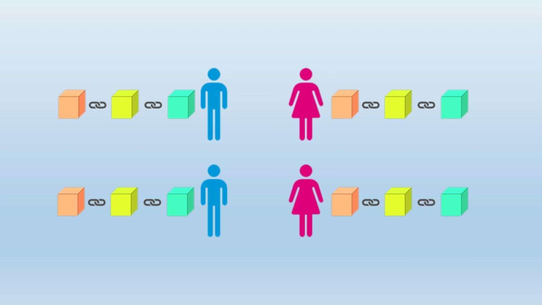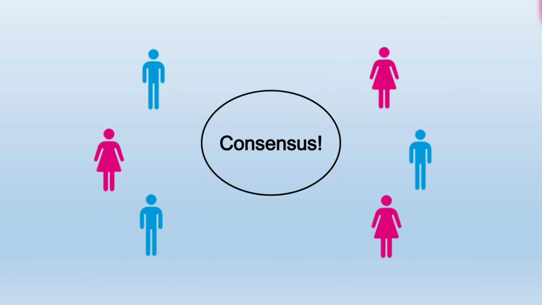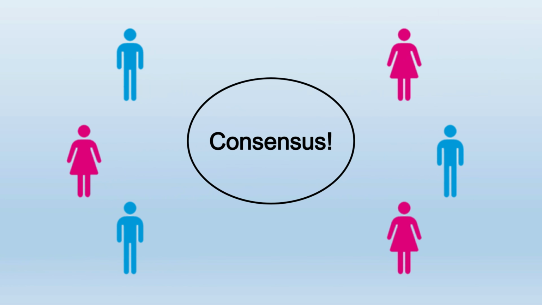Now let's see what happens when someone creates a new block. That new block is sent to everyone on the network. Each node then verifies the block to make sure that it hasn't been tampered with. If everything checks out, each node adds this block to their own blockchain. All the nodes in this network create consensus. They agree about what blocks are valid and which aren't.